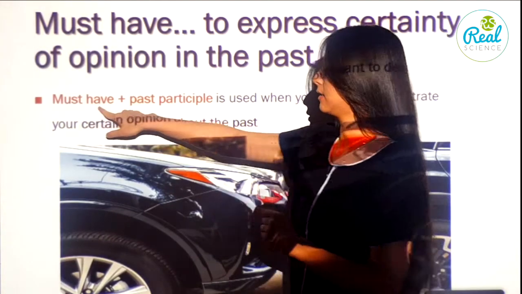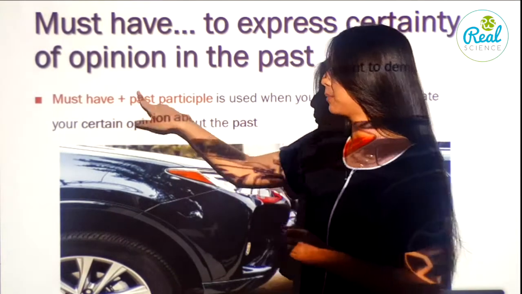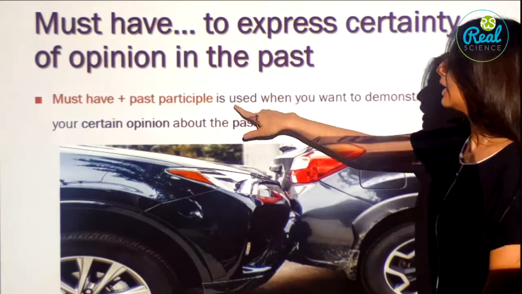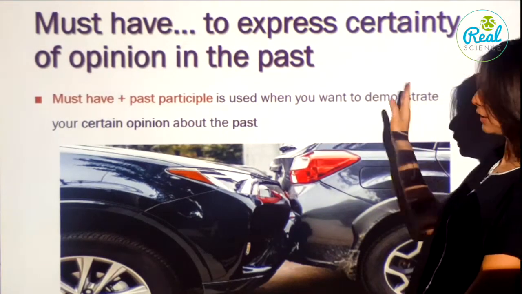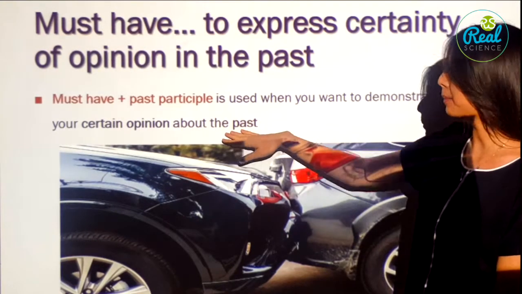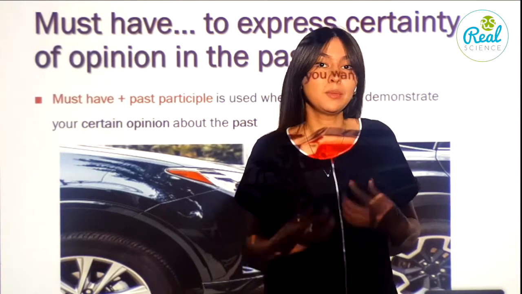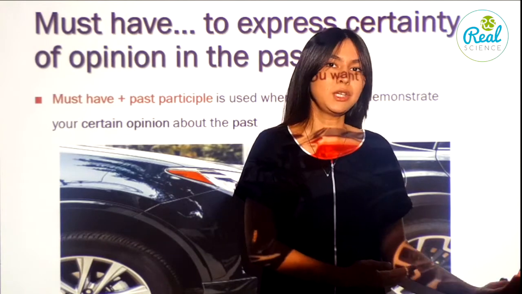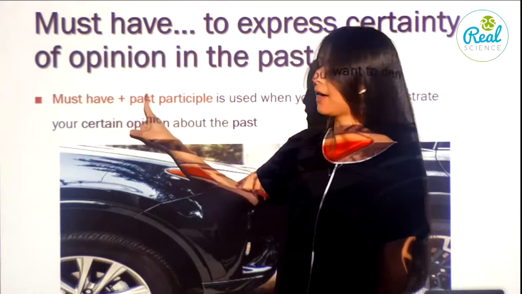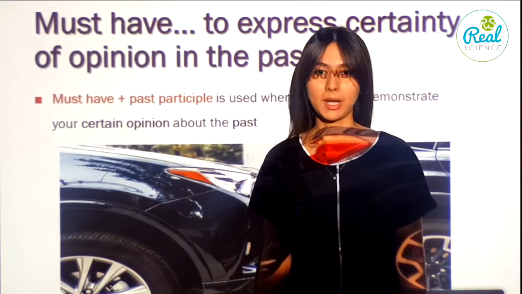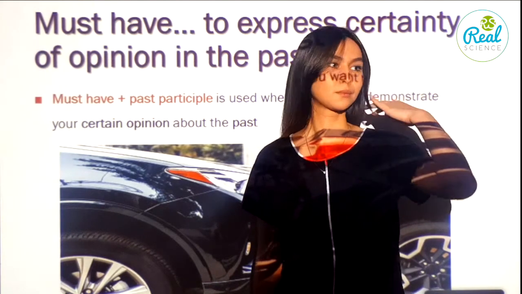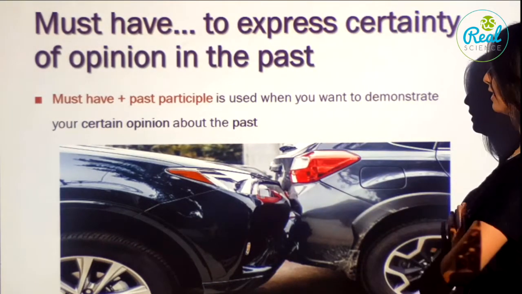So look at this formula. Must have plus past participle is used when you want to demonstrate your certain opinion about the past. So when you want to show your certain opinion, your certain belief about the past situation, in that case, you have to use must have plus past participle. Okay?